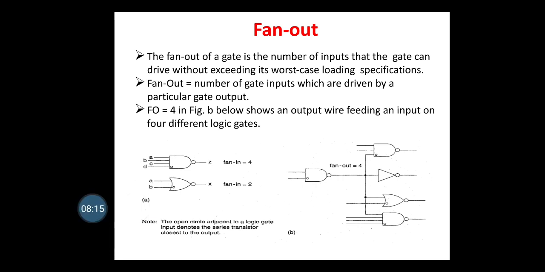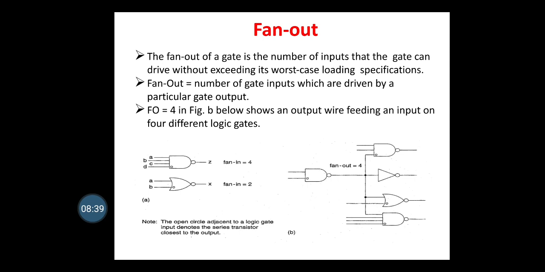Fan out. The fan out of a gate is the number of inputs that the gate can drive without exceeding its worst case loading specifications. Fan out is equal to the number of gate inputs which are driven by a particular gate output. Fan out is equal to 4 in the figure. So figure B you can check out.